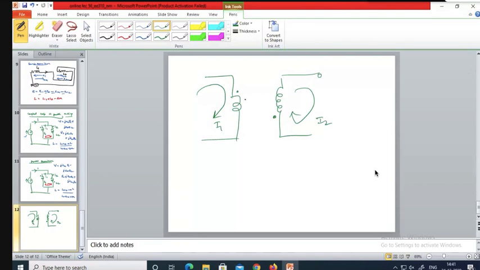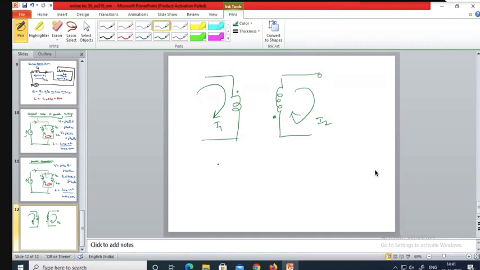So what do we understand? The EMFs induced and the mutual EMF generated are aiding each other. That means they are in the same direction as the self-induced EMF. That is, the mutually induced EMF and self-induced EMF have the same directions or same polarities.